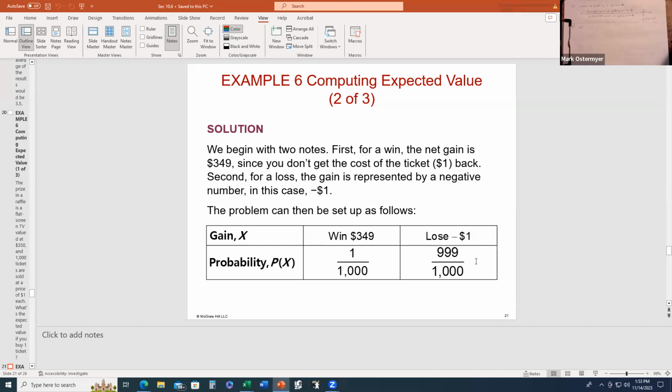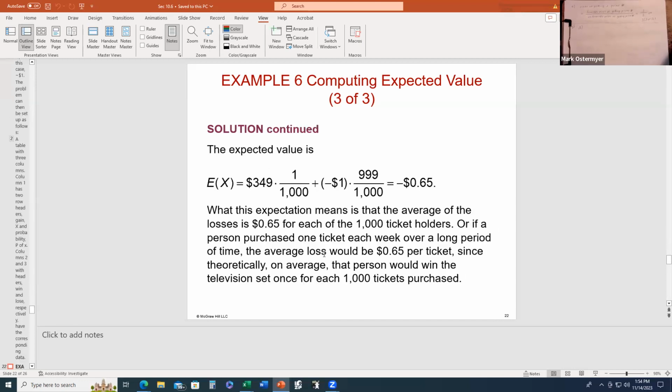So let's compute the expected net earnings when we play this game once. That's easily computed by taking our net earnings and multiplying it by the probability of its occurrence. So we take $349 times the probability of that occurring, which is 1 over 1,000, plus -$1 times 999 over 1,000.